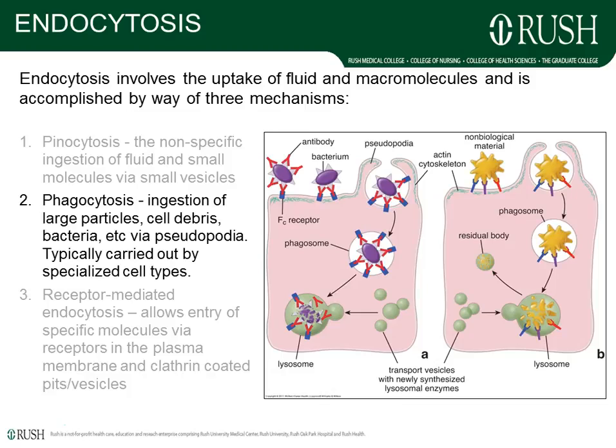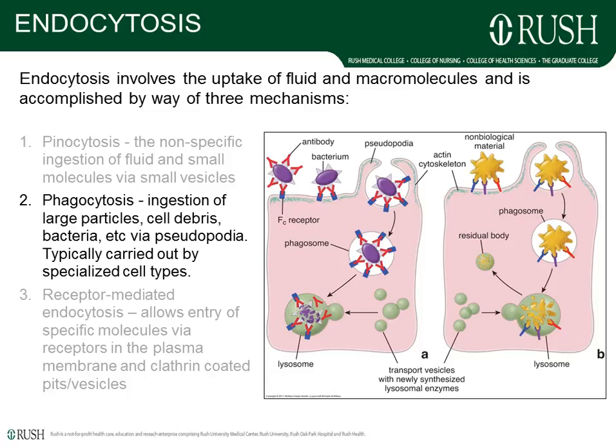This process is typical of very specialized cells, which are called appropriately phagocytes, and many of them are involved in your defense system against microorganisms, and we'll talk about them as we get to the next block.